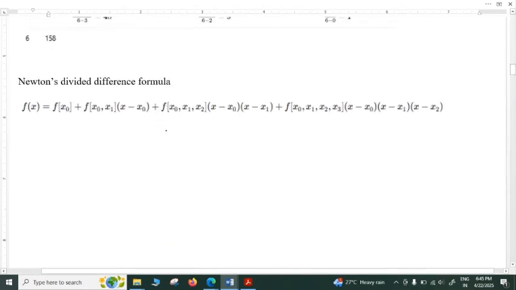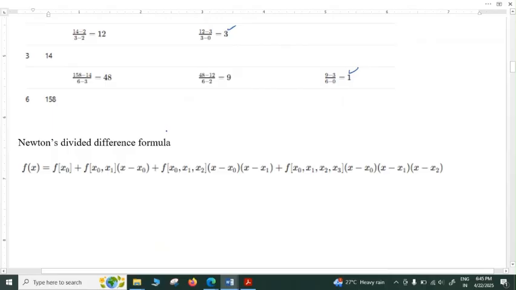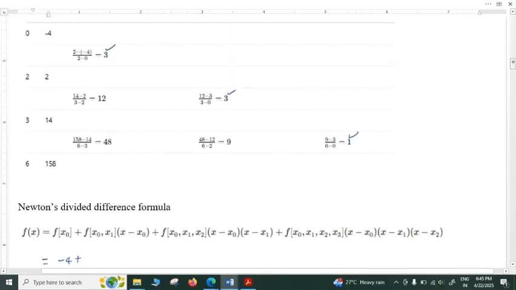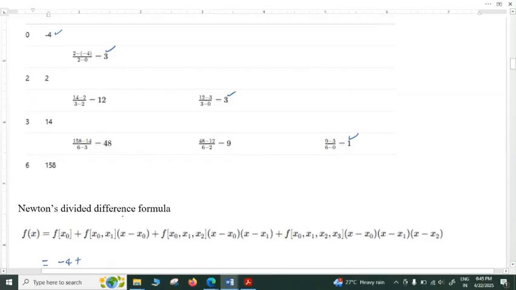Yes, we'll substitute one by one. Please remember here, students, x we have taken as 4, so we'll start with f of x naught, plus, here in the table it is given, this is your f of x naught.